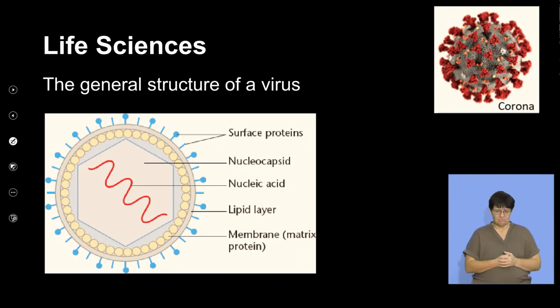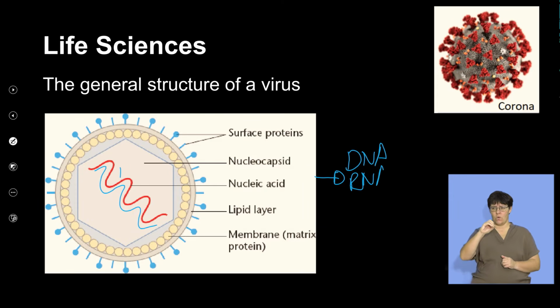Now, when we looked at the structure, you don't have to know, right, the whole thing of the virus, but we looked at 3 things in particular. In the middle, there is this DNA over here. All viruses have either DNA or RNA. It's called nucleic acid, and it's DNA and RNA. All our other microorganisms only have DNA.